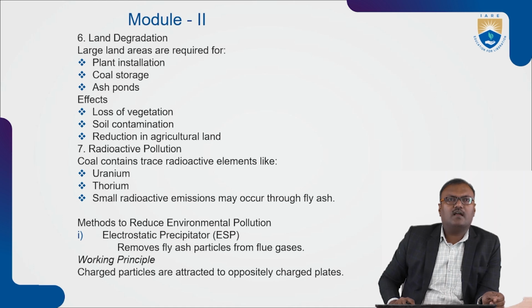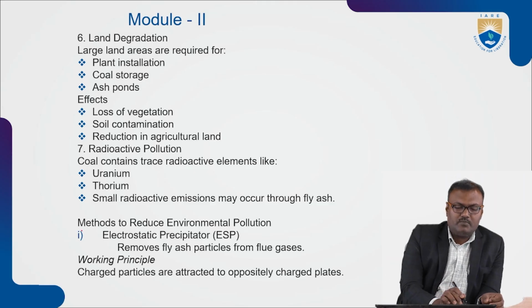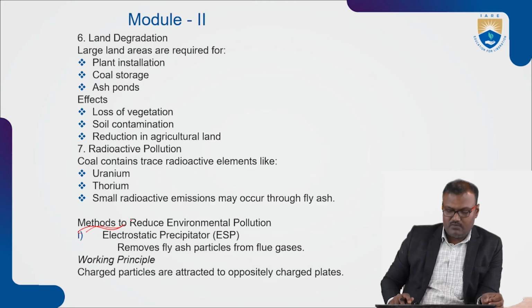And the next one is radioactive pollution. Coal contains some radioactive elements like uranium and thorium in very small quantities. Even that can cause radioactive pollution. And these are the methods to reduce environmental pollution.